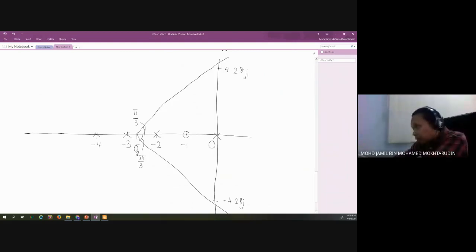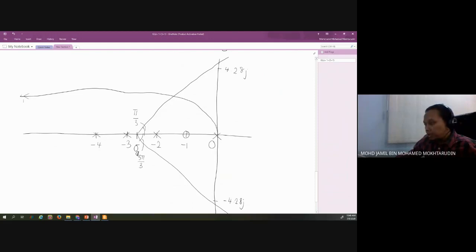There is this 0 and 3 more zeros at infinity. Infinity means somewhere very far. So you cannot draw it like this, because you want to make the root locus go to infinity, and if you draw like this, then it is not symmetric.